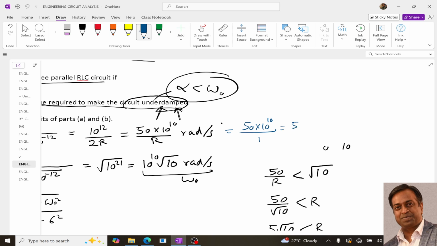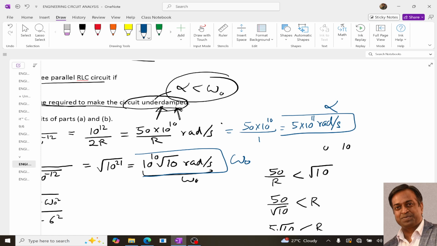So it is simply 5 into 10 power 11 radian per second. So this is our alpha, and this is our omega naught.